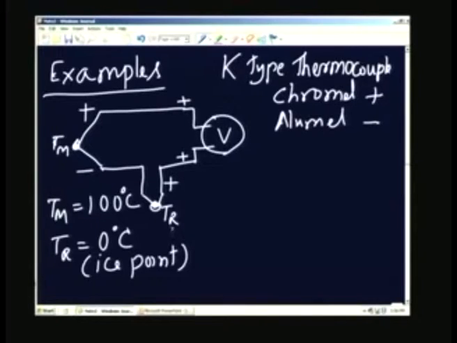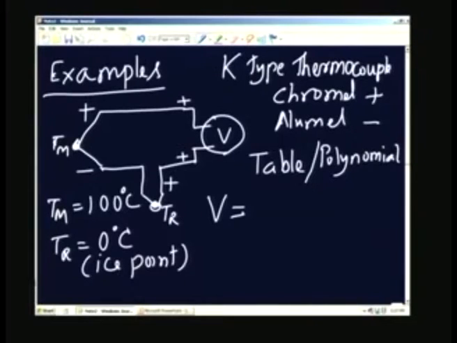So if the reference temperature is at the ice point and the measuring junction at 100 degrees, we can refer to either a table or we can use a polynomial which we have already indicated earlier, and obtain what is the value of voltage we would be measuring. In this case, from the table we take the value of 4.095 millivolts. So, it is a very simple example.